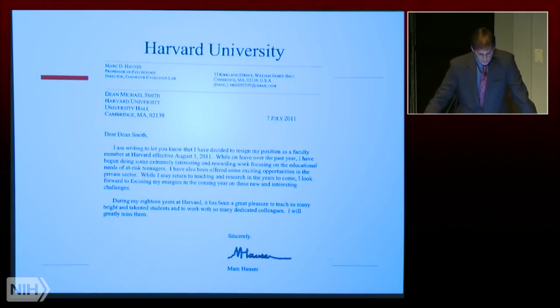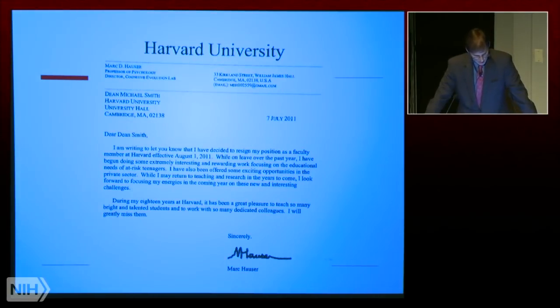And finally, in July of 2011, he sent a letter to the dean of Harvard University saying, I've decided to pursue other areas and I'm going to be leaving the university at this time. Not even mentioning the ongoing controversy surrounding his scientific misconduct.